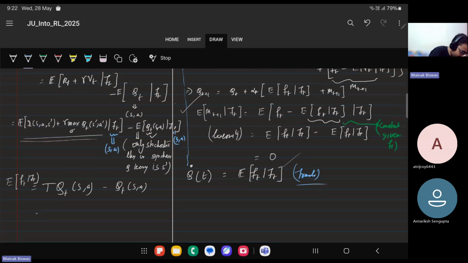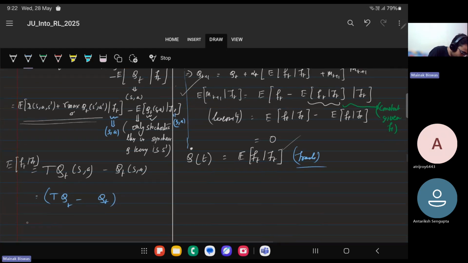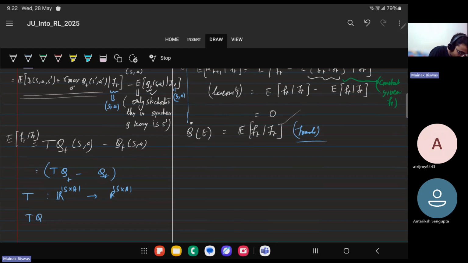So in the matrix form, I can write this as TQt minus Qt, where this T operator is a mapping from S comma A dimensional space to S comma A dimensional space, such that TQ of S comma A, what will it be?